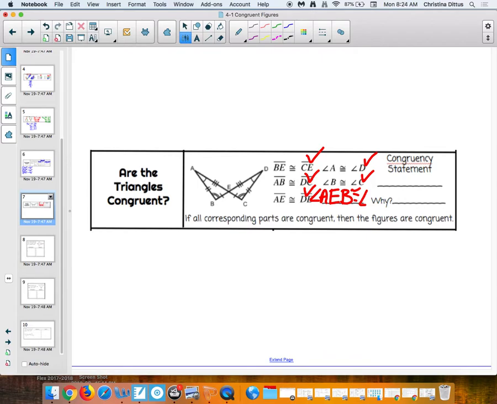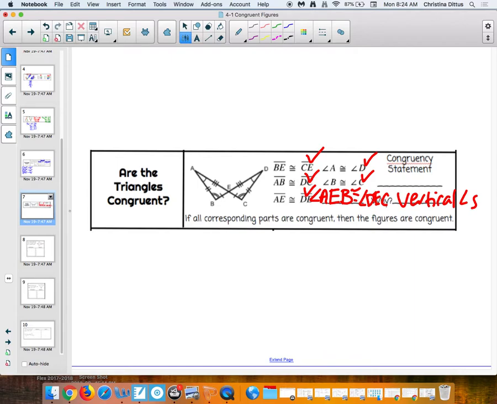DEC. Why would it be D? Because you start with your one arc. I said it right. So we got DEC. And they are congruent because we have vertical angles.